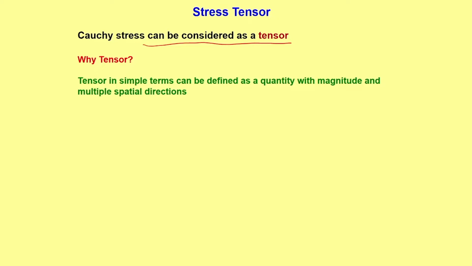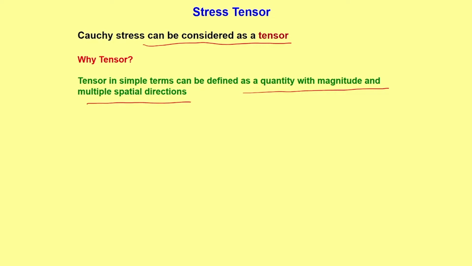We know what are scalars, we know what are vectors. So, tensor is also a similar kind of quantity. Why tensor? Because it is very convenient to express stress as a tensor. In short, stress itself is a tensor. In simple terms, we can say that a tensor can be defined as a quantity with magnitude and multiple spatial directions.